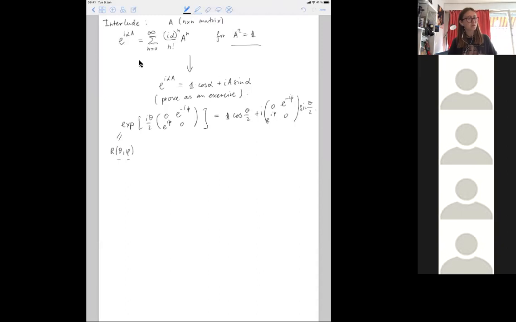Okay. And then finally, the last exercise is about the Mach-Zehnder interferometer.